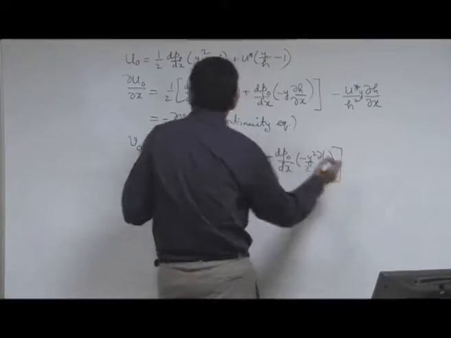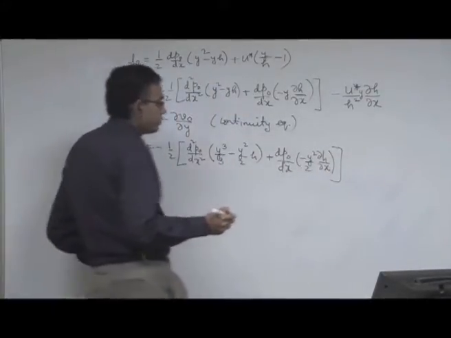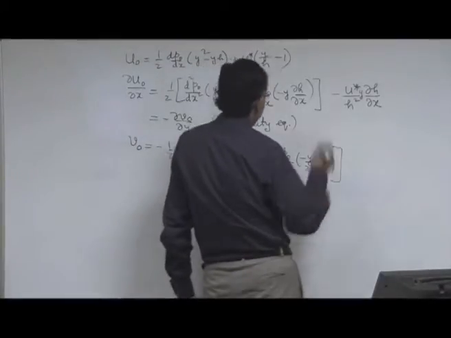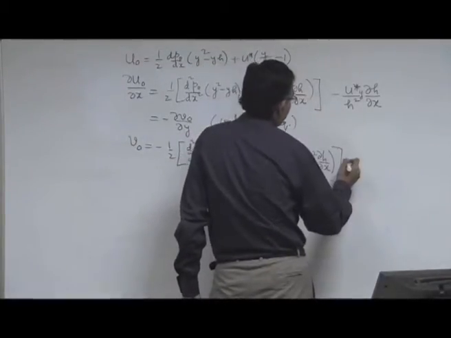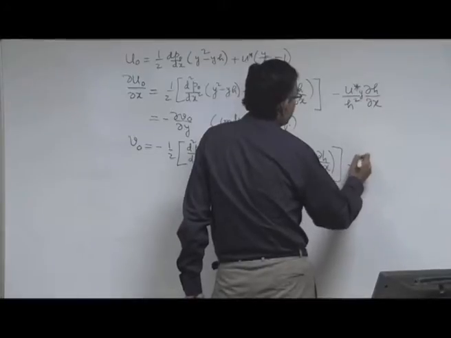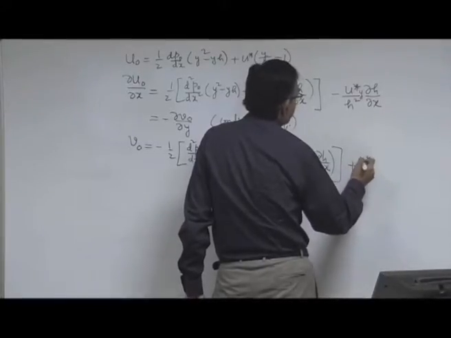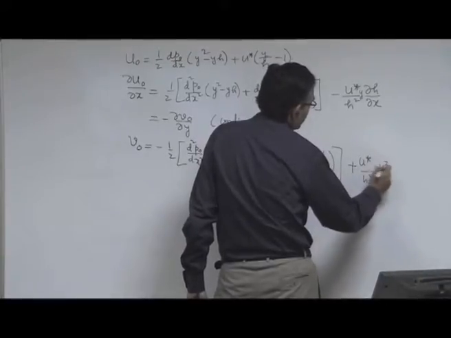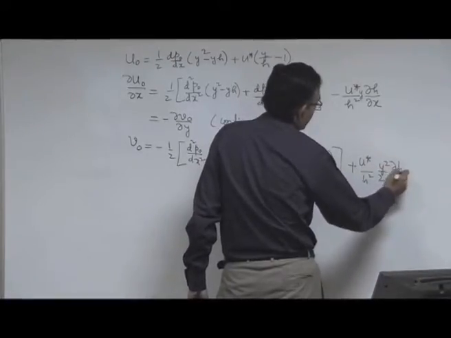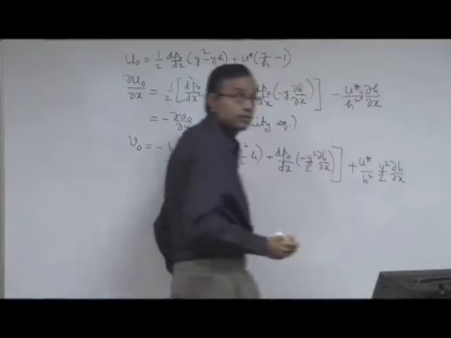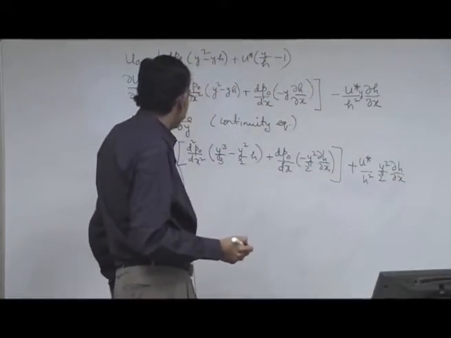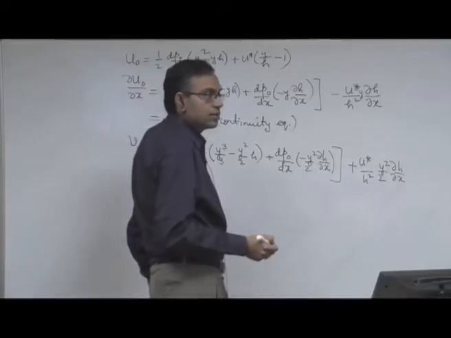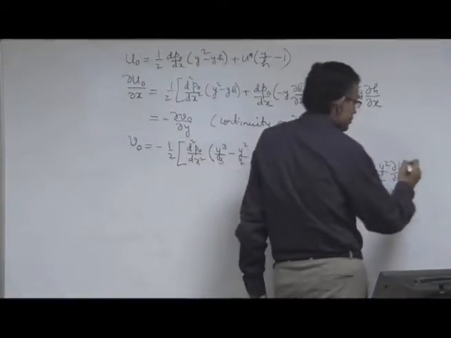We have taken a minus sign outside. Then plus u star by h square, y square by 2 del h del x, plus some C3(x).